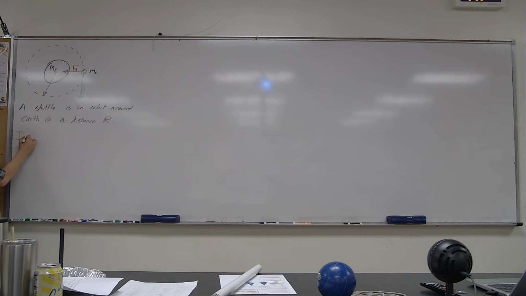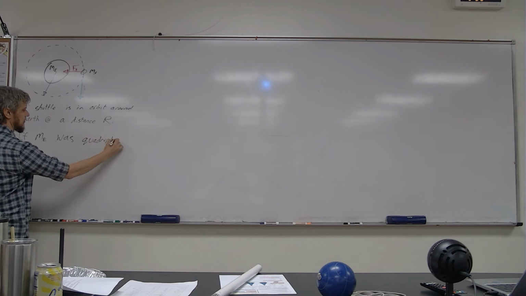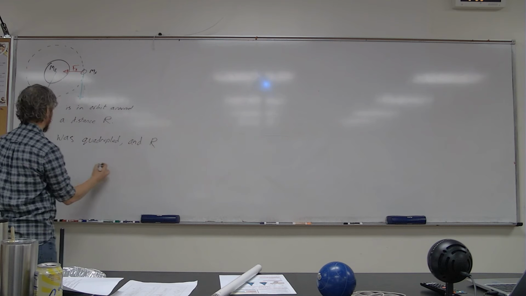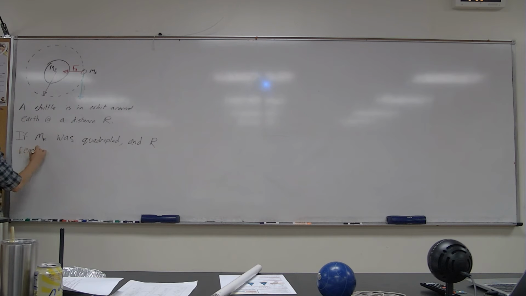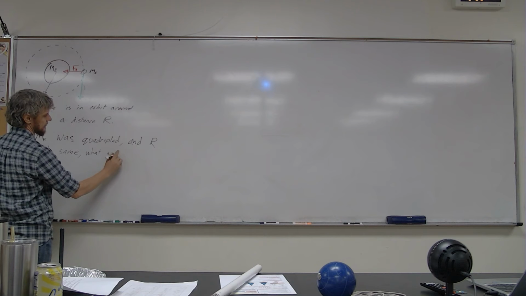If the mass of the Earth was, what do you think, tripled, quadrupled, doubled, which one? Quadruple. Quadrupled. What's quadrupled? And r remained the same. What would happen to v?